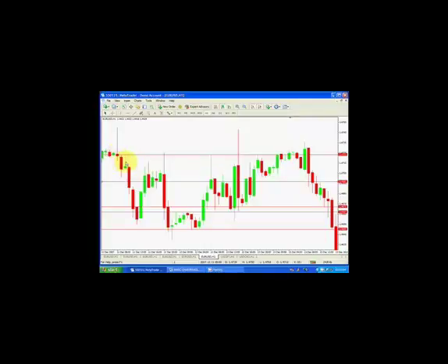So until we get a close above these sellers here, remember they're buyers when they entered, but they're sellers now. Since we also have sellers here and sellers here, until we get a close above these sellers, we would not anticipate any further upward price move, at least not on this current swing.